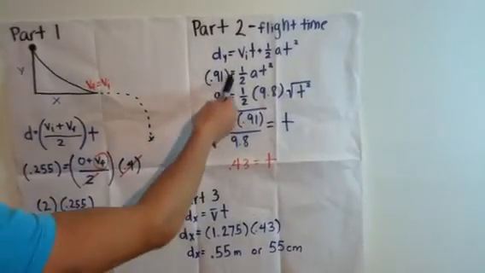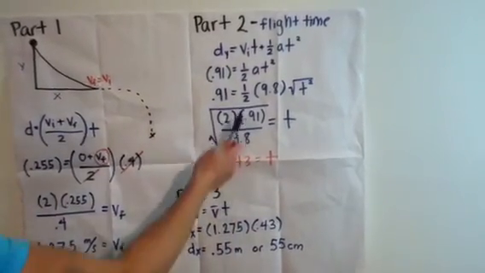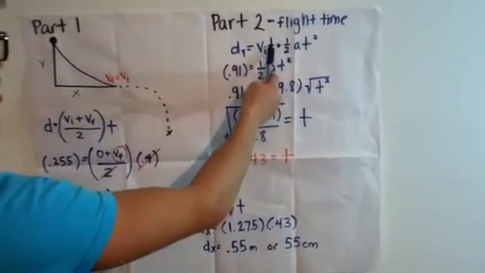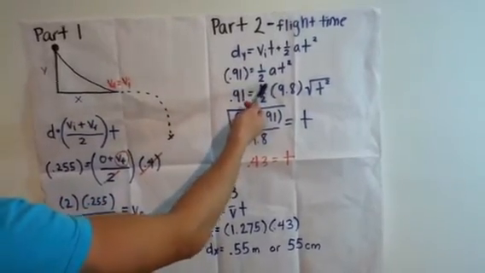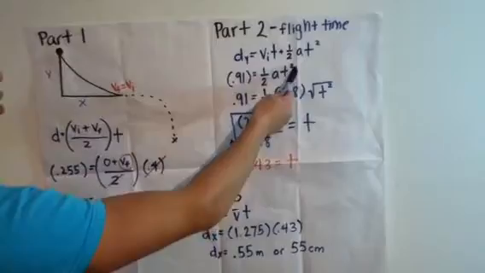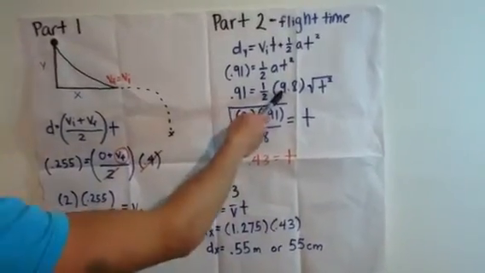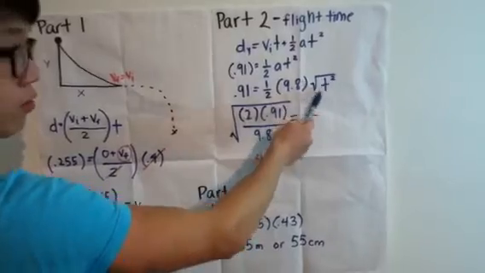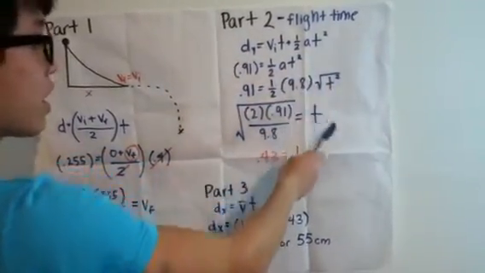I get that dy is 0.91, and since initial velocity is 0, we could just cross this out. So we have half a t squared. So we plug in all the values and try to solve for t. And t is time, so we're getting how long it stays in the air.